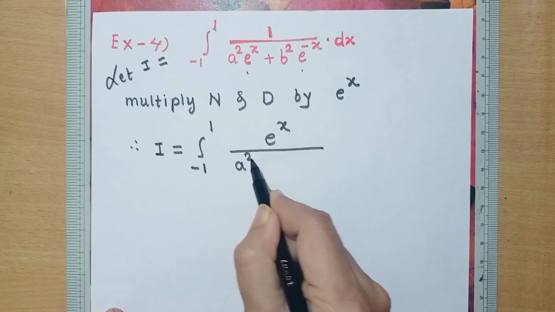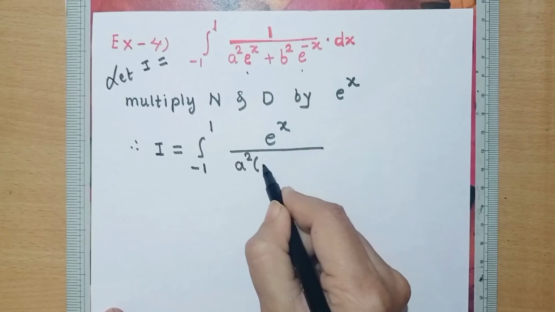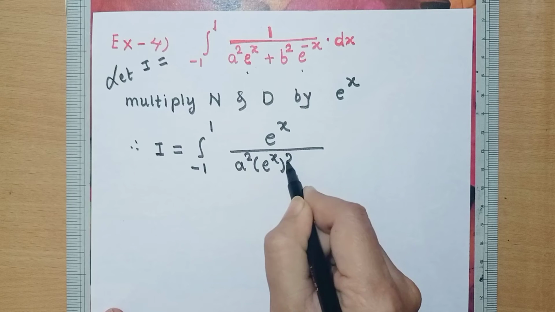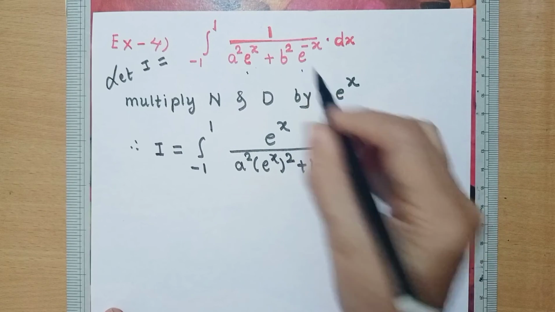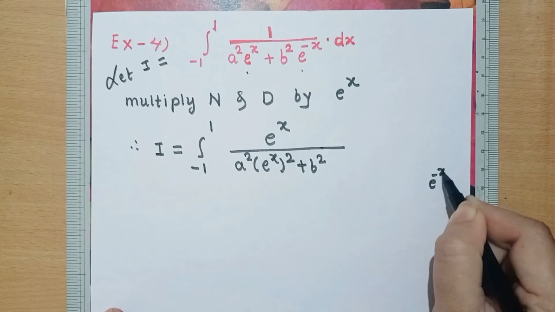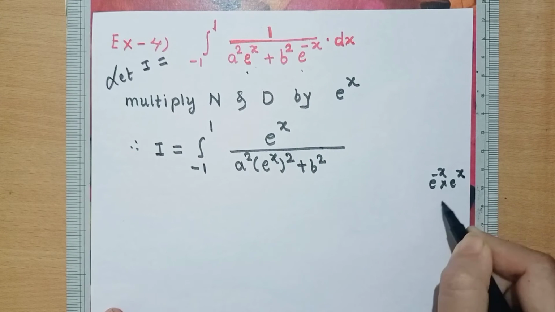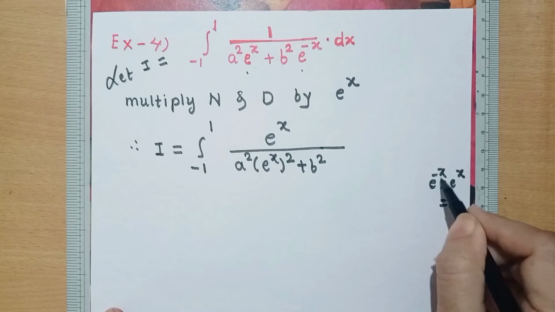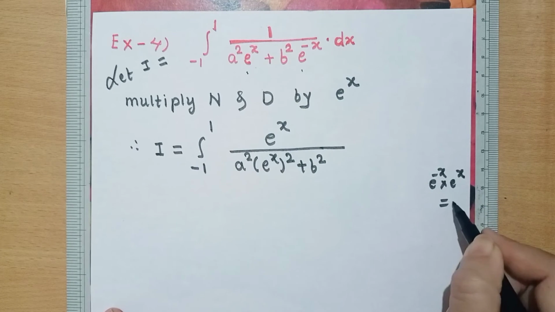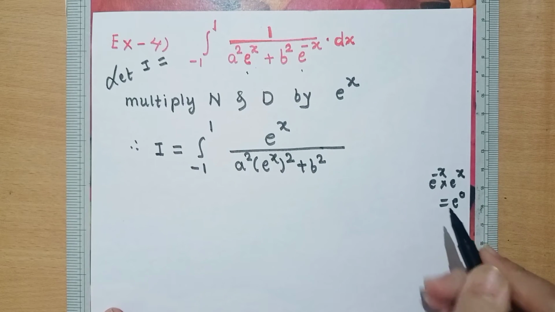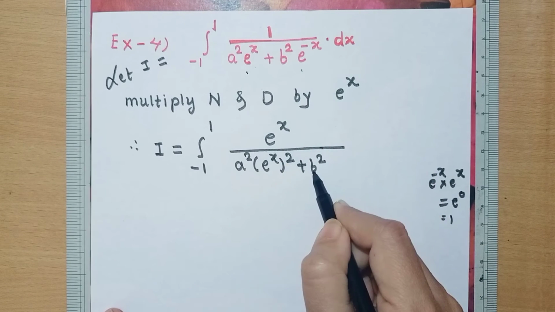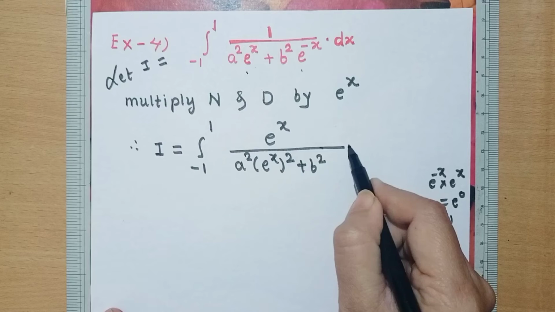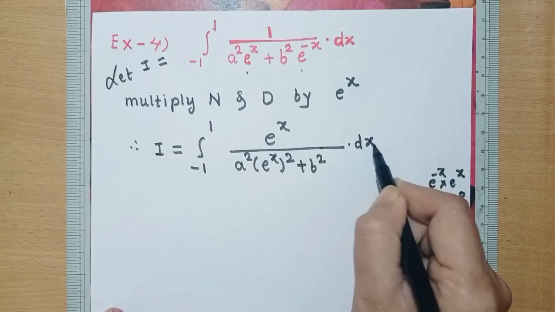So here a square and e raised to x into e raised to x means e raised to x square, and then plus b square, and here if we multiply e raised to minus x to e raised to x, then we will have e raised to minus x plus x, and so that is e raised to 0 and its value is 1. So here simply we will write b square and into dx.